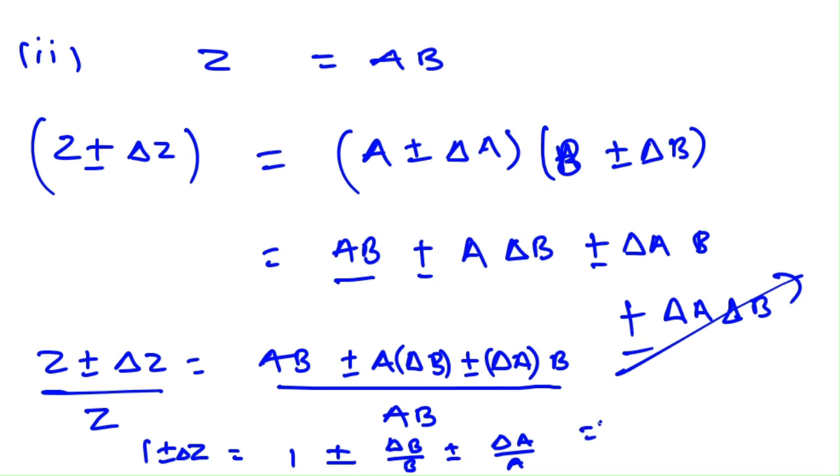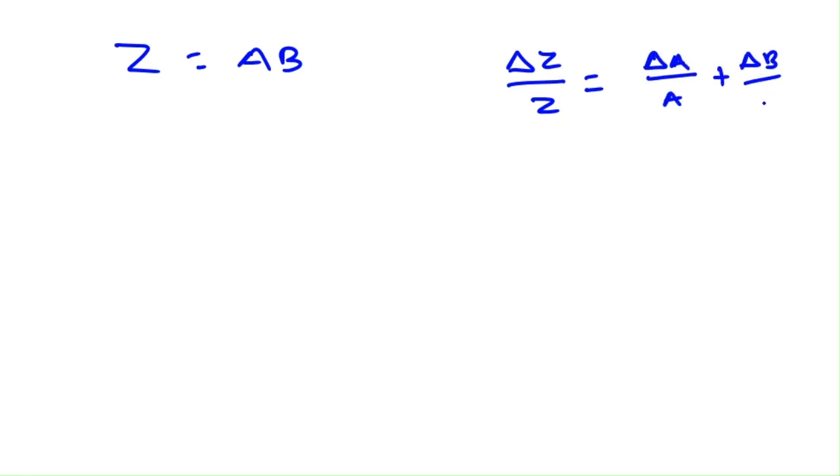So delta Z by Z will be delta B by B plus delta A by A. So what is happening here? If we get a value by multiplying two things, the relative error in Z will be the sum of the relative errors in these two values.